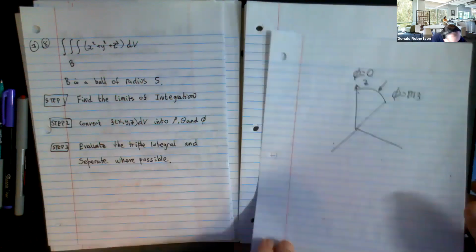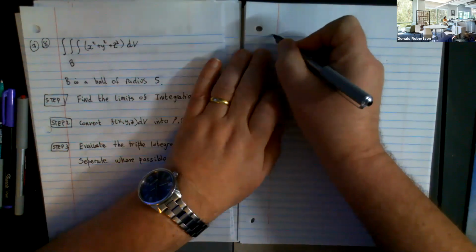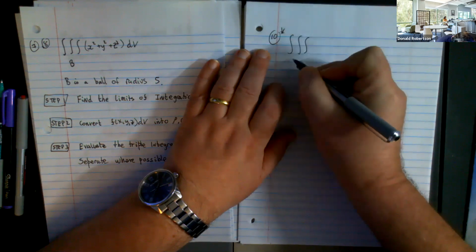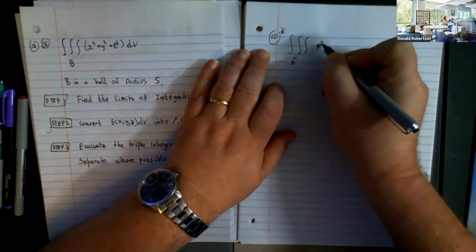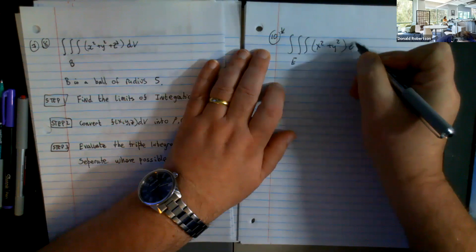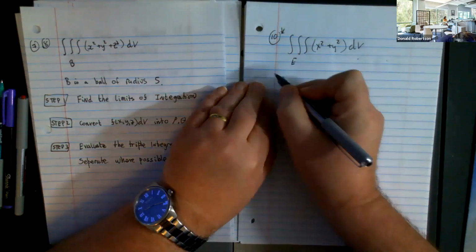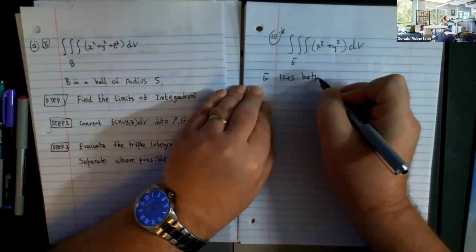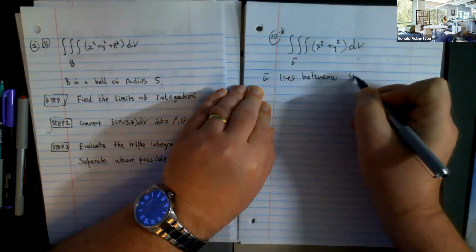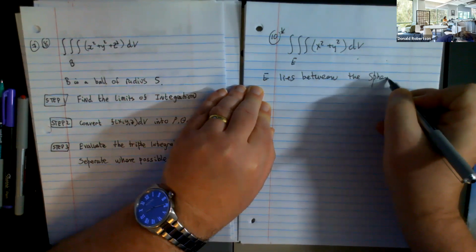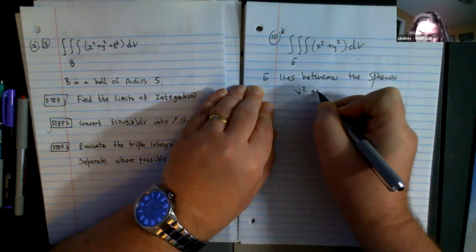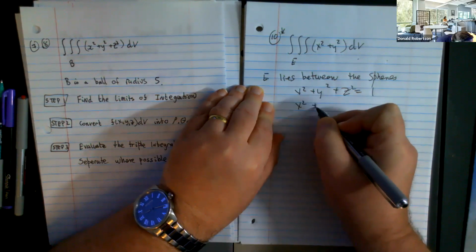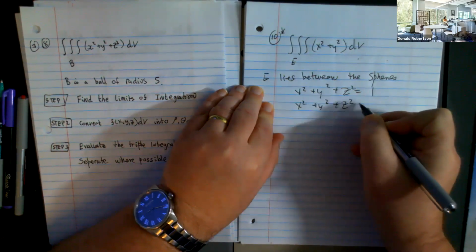Next one is like question 10. Got this fella, and E lies between the spheres x squared plus y squared plus z squared equals 1, and x squared plus y squared plus z squared equals 9.